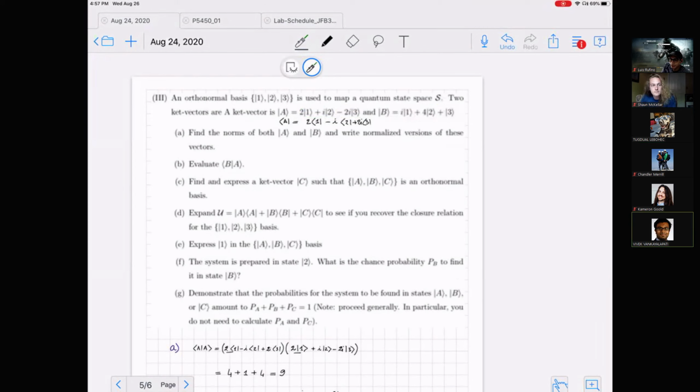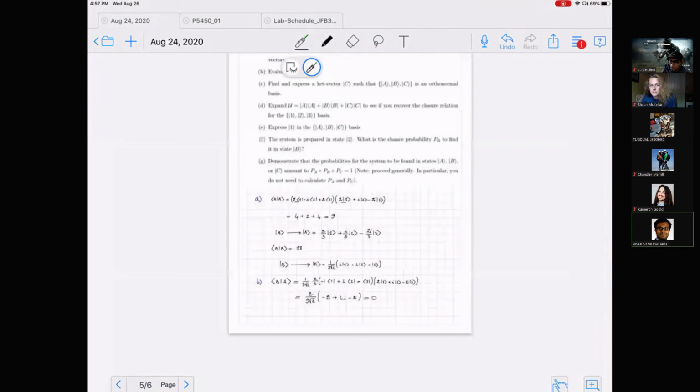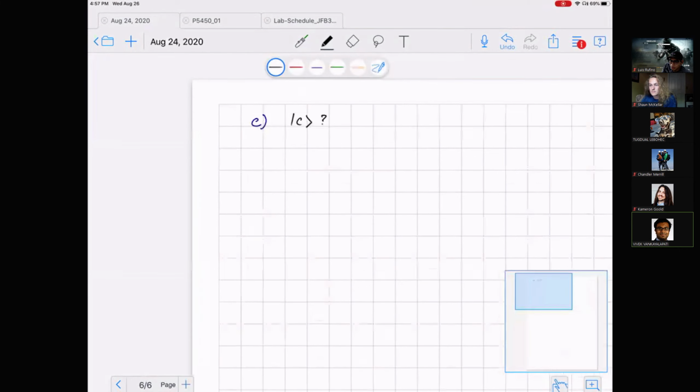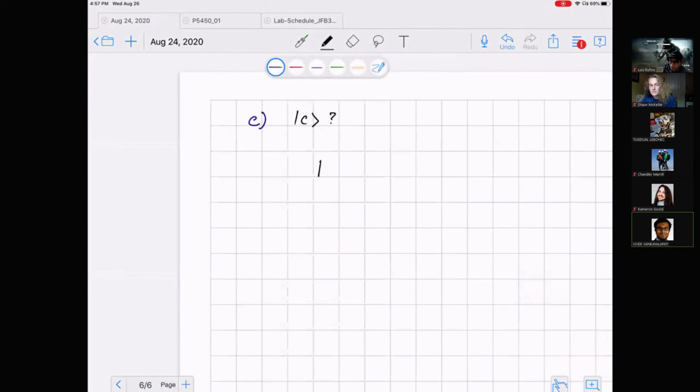So I guess the constraint that we have for C would be that it needs to have an inner product with A of 0, an inner product with B of 0, and it needs to have a norm of 1. So exactly. From there, we can develop 3 equations to determine the 3 coefficients that it contains.